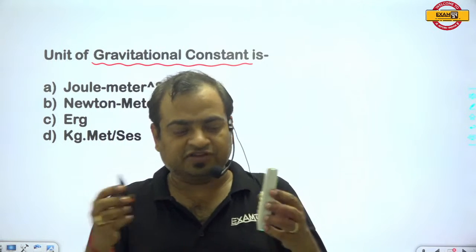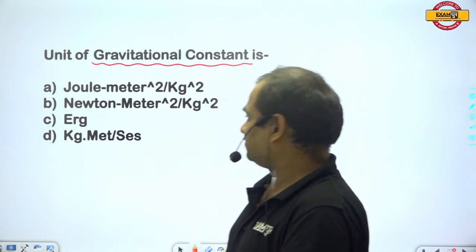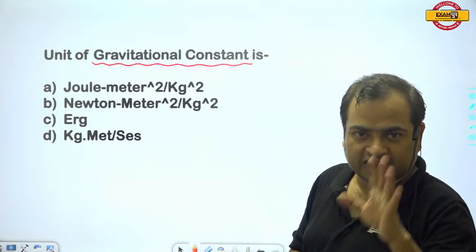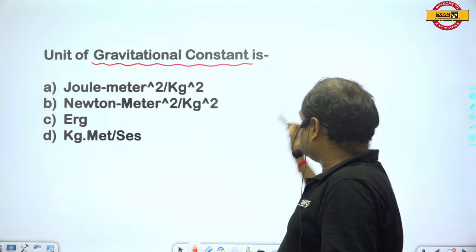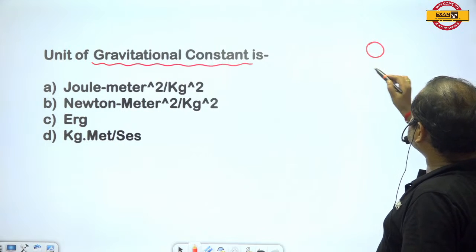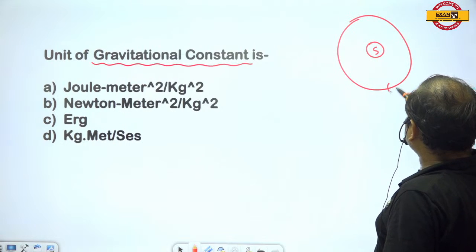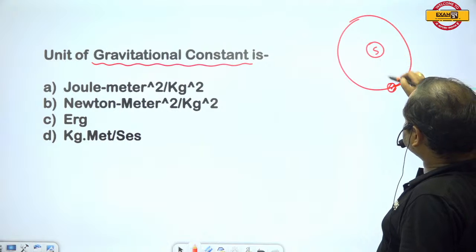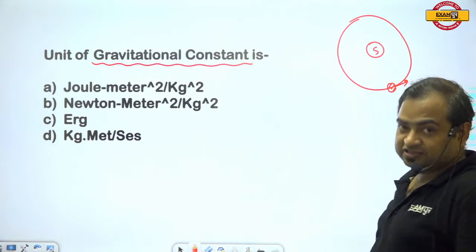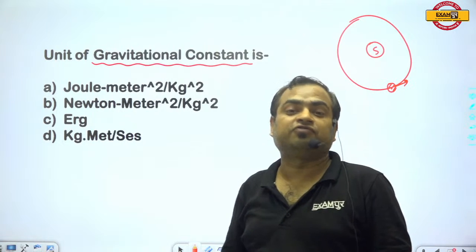This is the reason that we cannot realize the attraction pull between these two bodies, but a force acts between any two bodies in this universe. Suppose this is the sun, and this is the orbit of the earth, and this is the earth. An attraction force between sun and earth exists, and this attraction force is known as gravitational force.